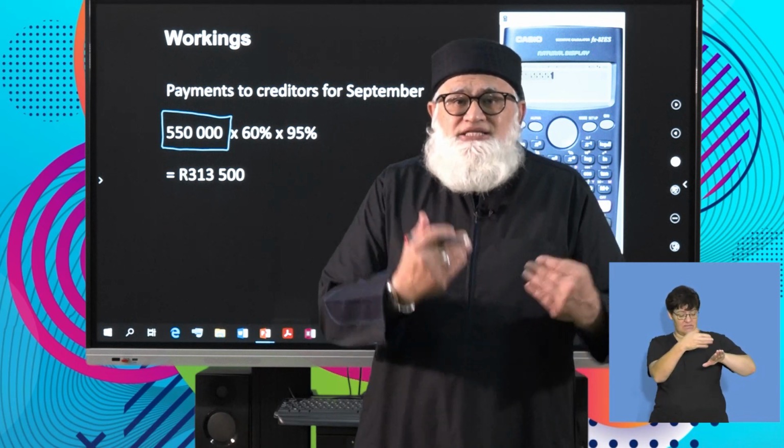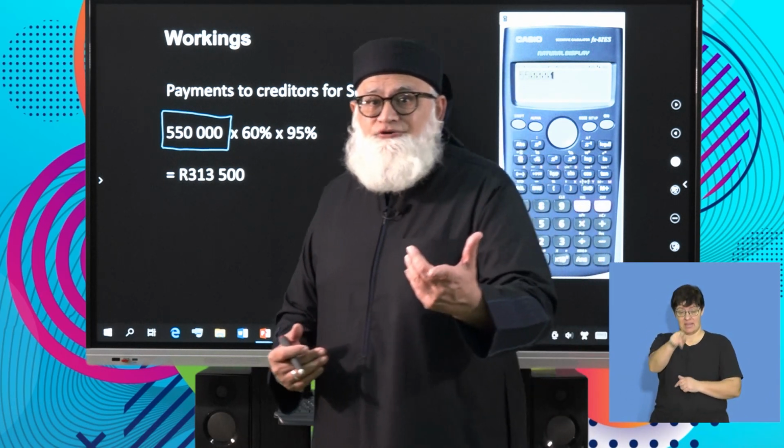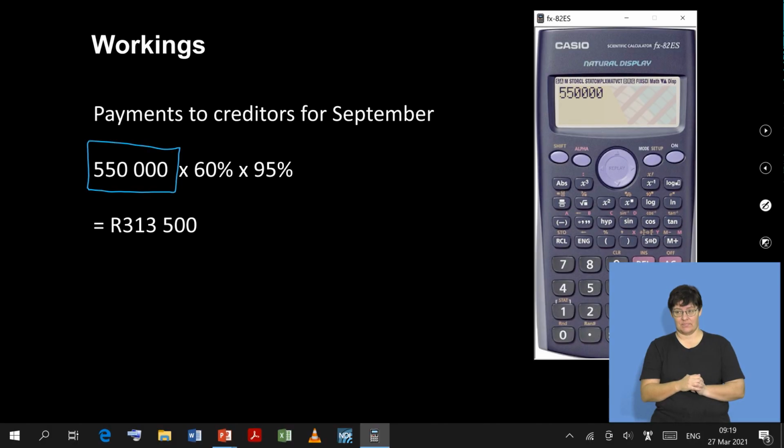Remember, 40% was cash, so obviously 60% would be the amount that you are buying on credit. Okay, so multiply that by 60%. Let's do that. Okay, there we go. We've got our 60%. Now, what's this calculation? Once you've ascertained your credit purchases, like we have, which is 330,000, okay?